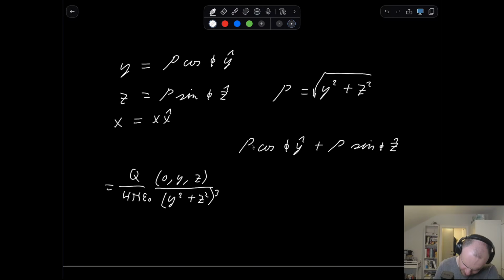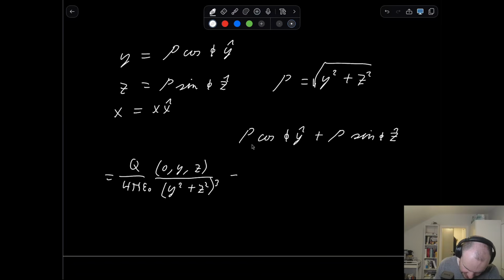But you see, that's just a row vector, the radius, like with x. We have now the vector for r, in this plane of course. So what you actually have is q over 4 pi epsilon 0. And now this can be greatly reduced, because we still have 0 there, but here we have rho in the rho hat direction.